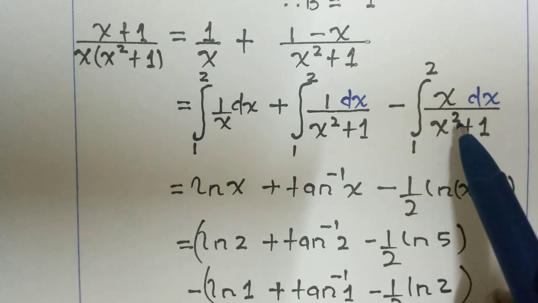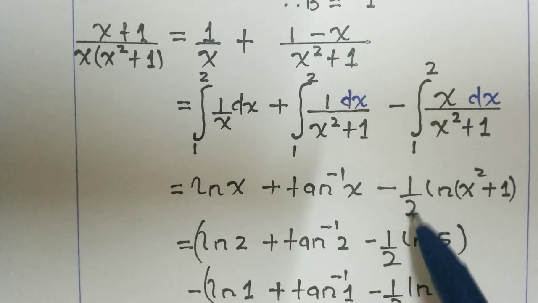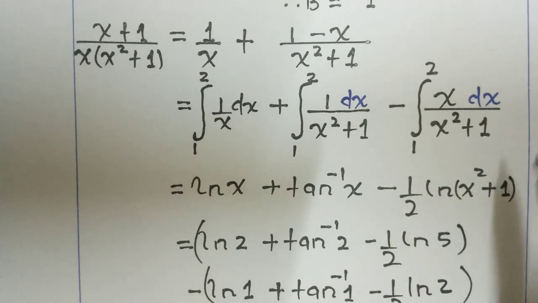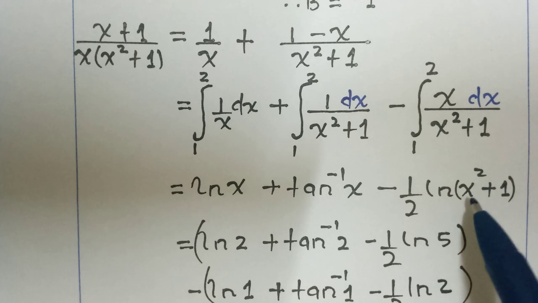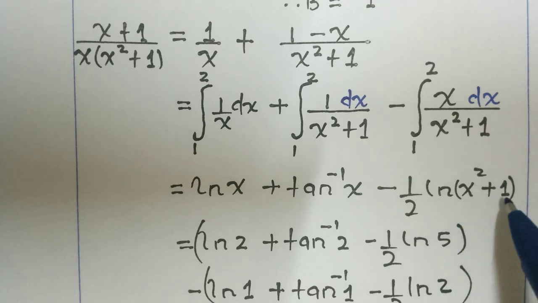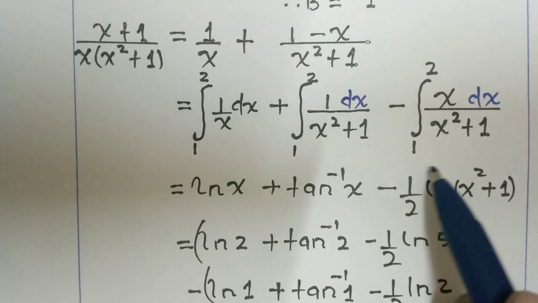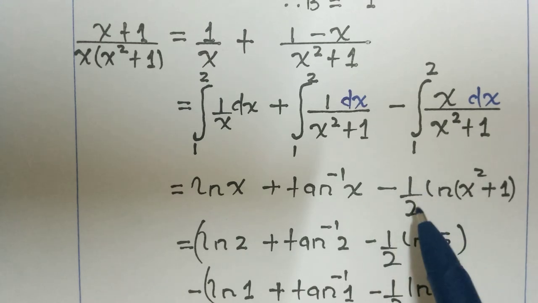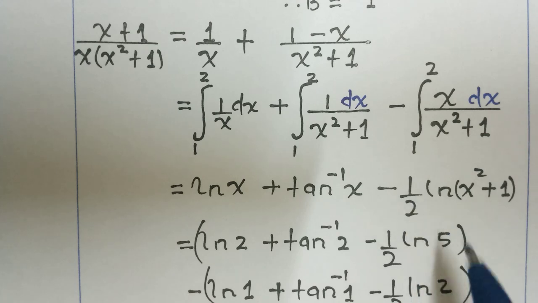Because of these two, we had to add another 2 here. If you differentiate these, you will get 1 over x squared plus 1 multiplied by 2. So that 2 we have to eliminate by putting this 2 here. Otherwise, we'll have made a mistake.